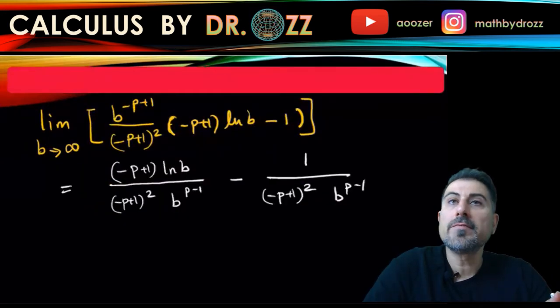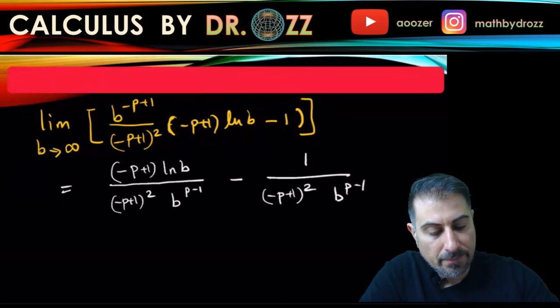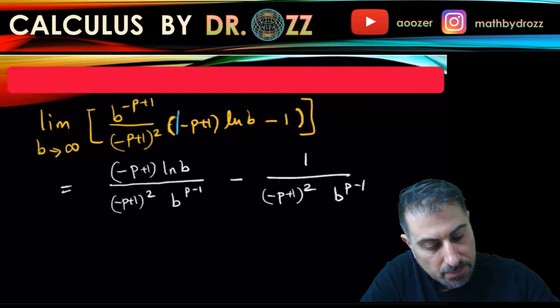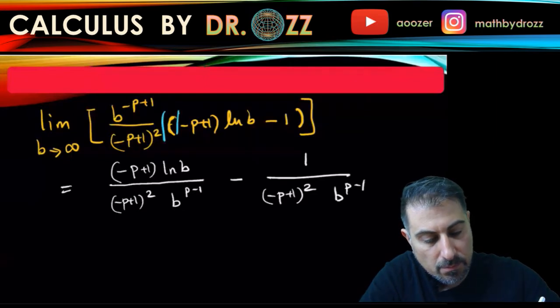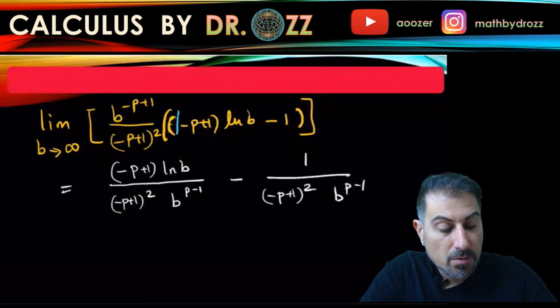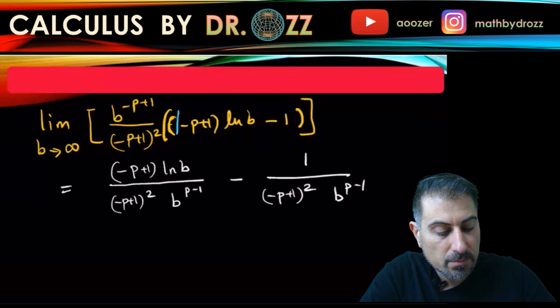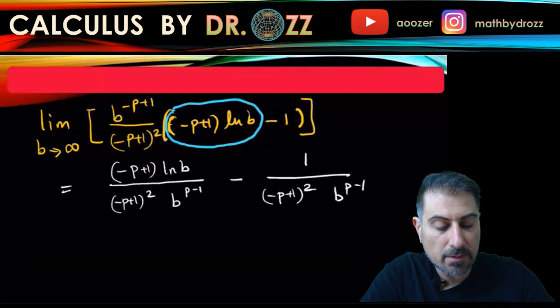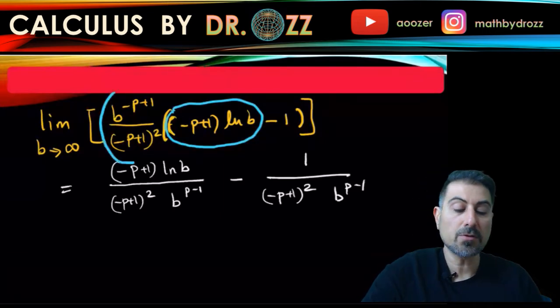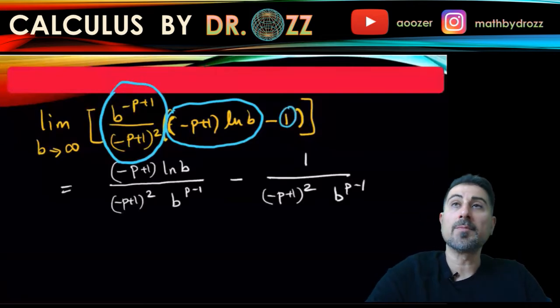All right, so I rewrote this term. So you have this part, put the parentheses here, so you have this part multiplying this quotient first, minus this part multiplying this quotient.